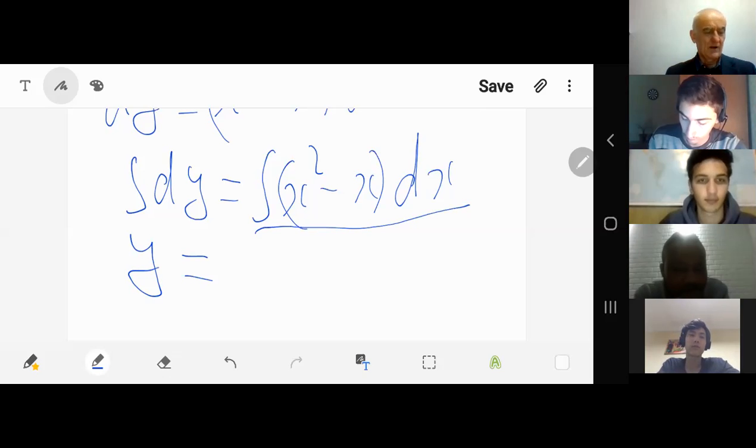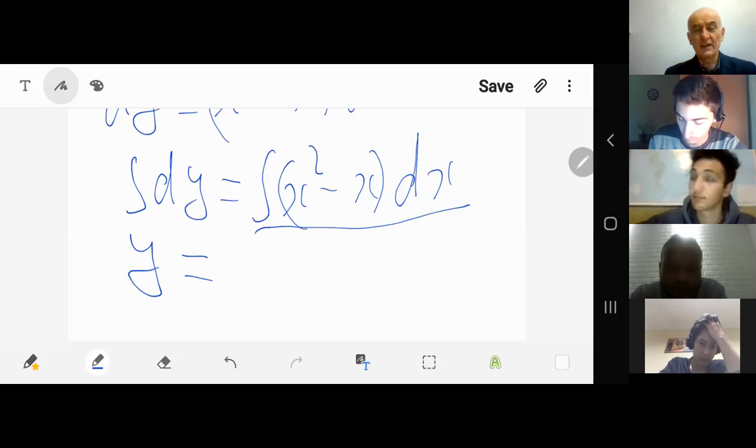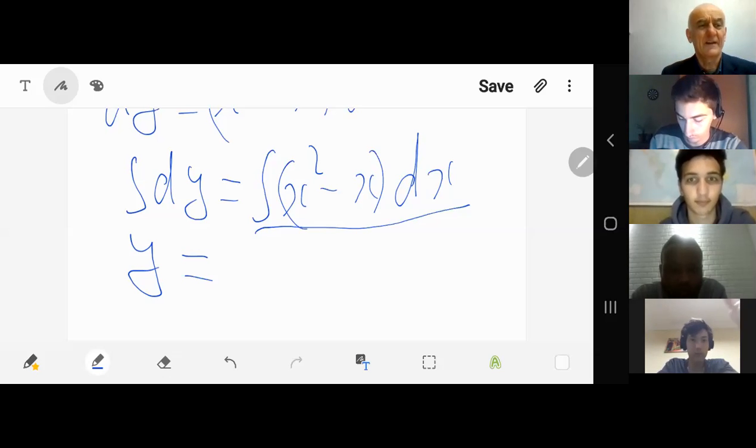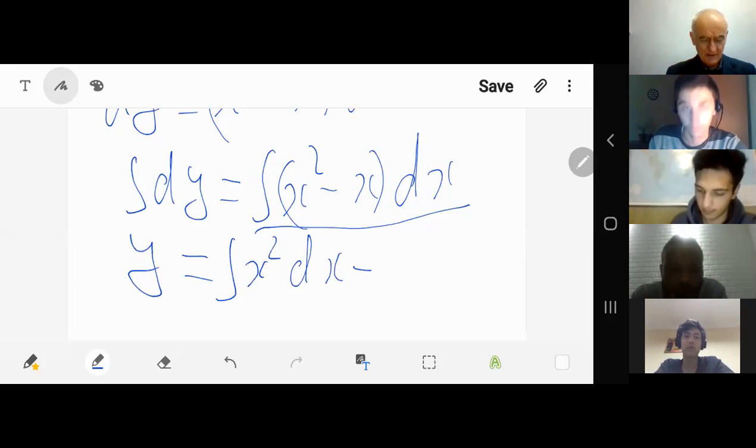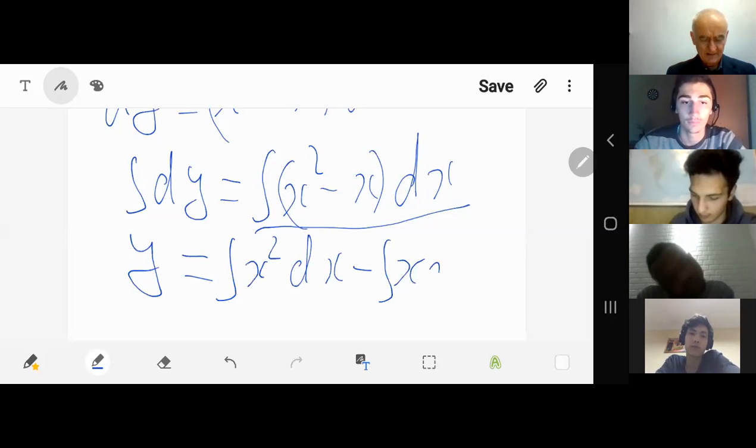It's a good question, but we can't move x out, because it's a variable. What we can move out is a constant, a number. Now we write this integral as the difference of two integrals: integral x squared dx minus integral x dx.